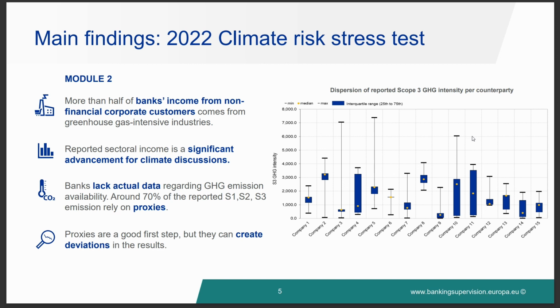Our other finding was that banks lacked actual data regarding greenhouse gas emissions availability. So around 70% of the reported scope 1 to 3 emissions rely on proxies. And proxies are a good first step, but they can create deviations in the results. So we need to urge banks to have more customer engagement on this front.